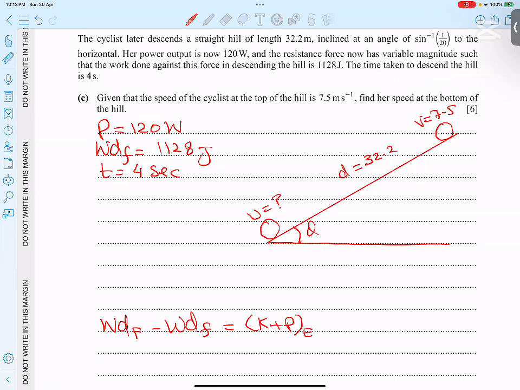Because it is descending, it is coming downwards, so top and bottom, B for bottom, and the speed is different. U is the speed at the top of the hill, so U is 7.5, and we have to find the last speed here.